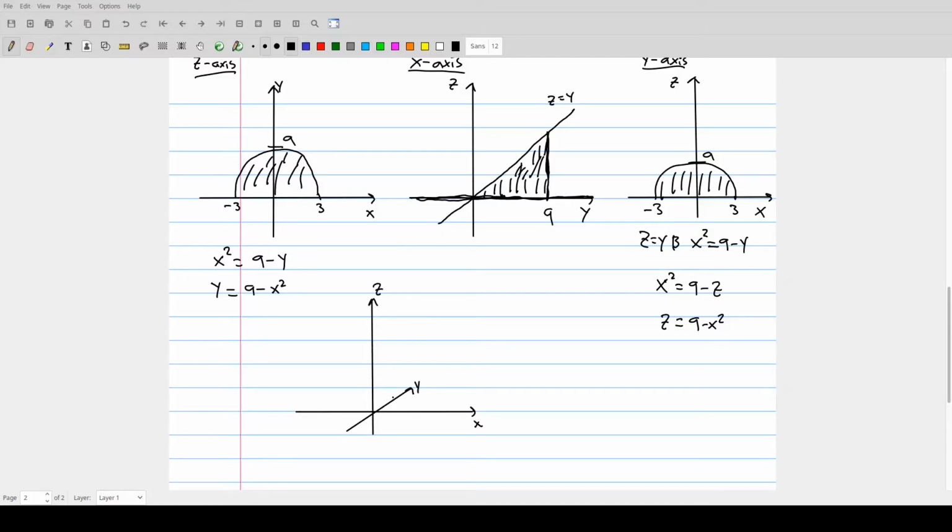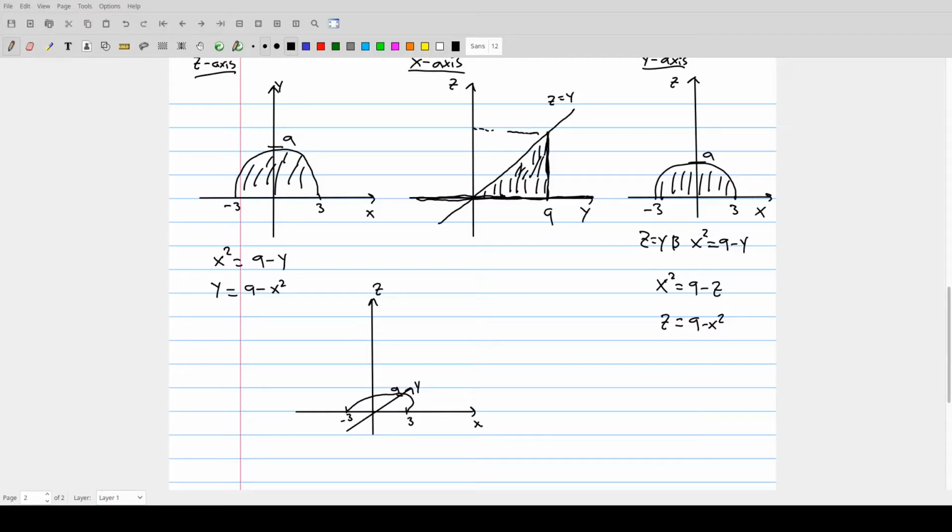So in the xy plane, if this is y equals 9, and this is x equals negative 3 and x equals positive 3, this is the curve that we're getting from this cross section right here.